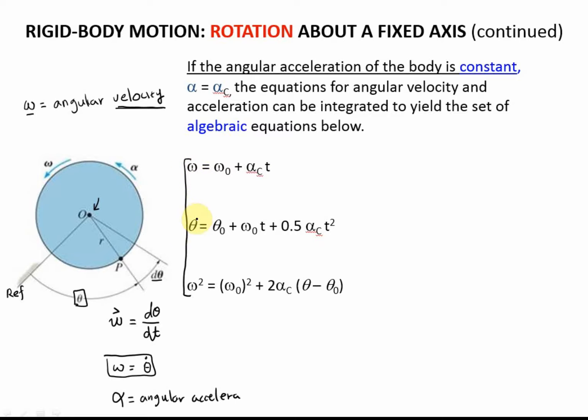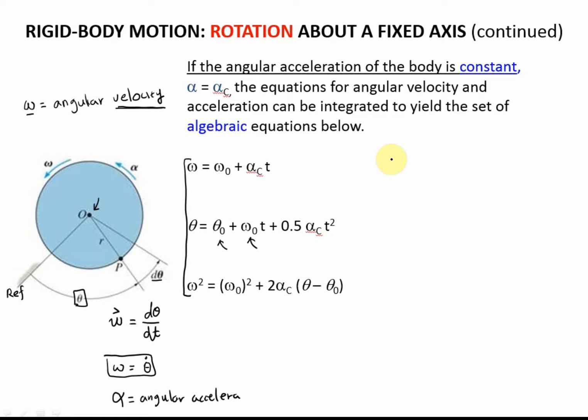And if you want to find the angle change, the angle is equal to the initial angle plus the initial angular velocity times t plus 1 over 2 alpha t squared.